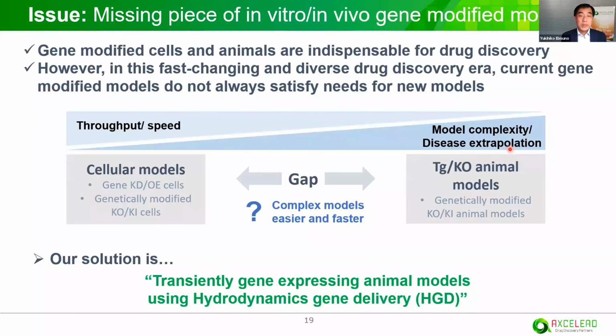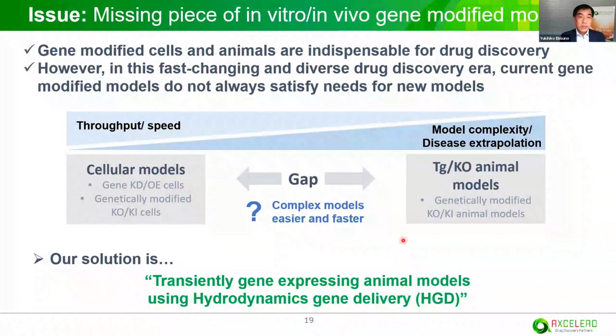So I would like to change the topic a little bit. In the previous slide, I presented a typical example for in vivo validation, but sometimes we take a more aggressive approach more quickly. So one answer is gene modification.